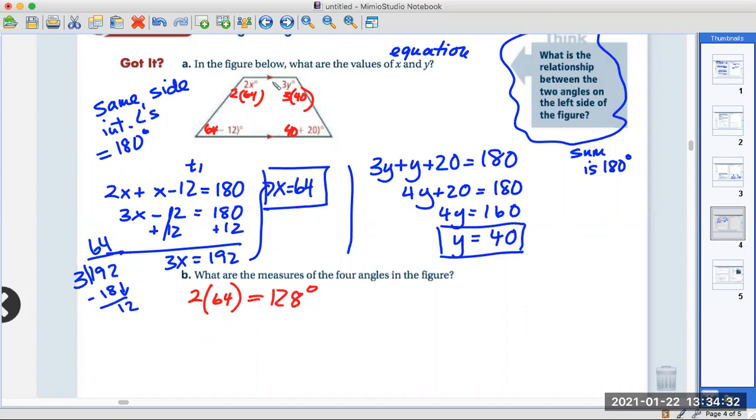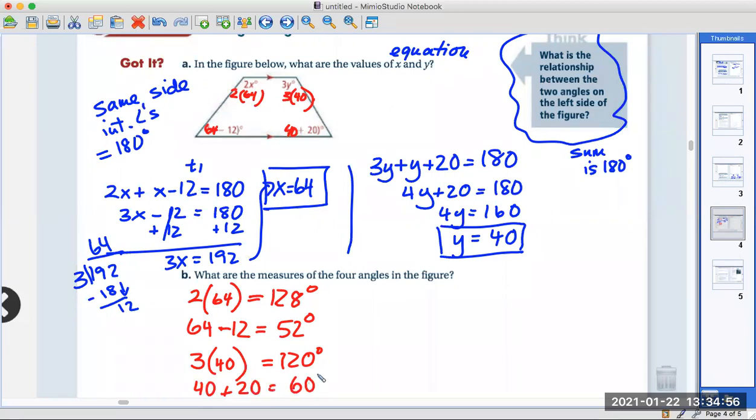So that angle is 128. 64 minus 12 is 52. 3 times 40 is 120. And 40 plus 20 is 60. So those are the degrees.